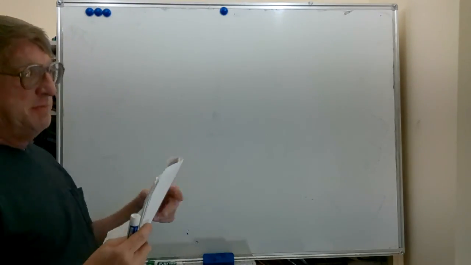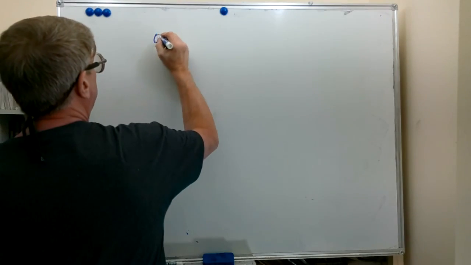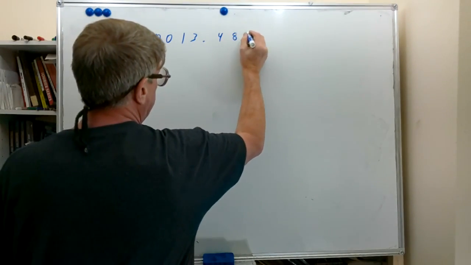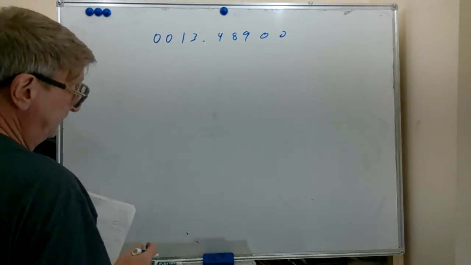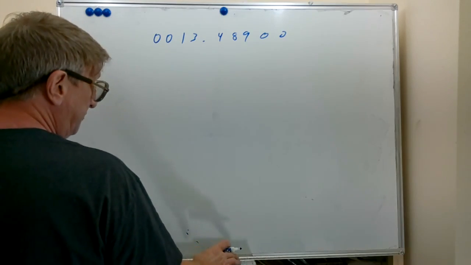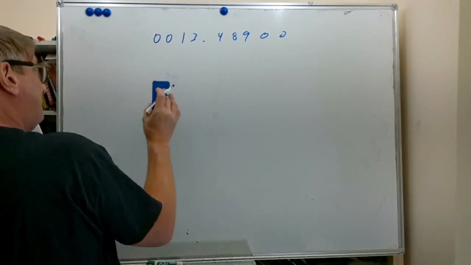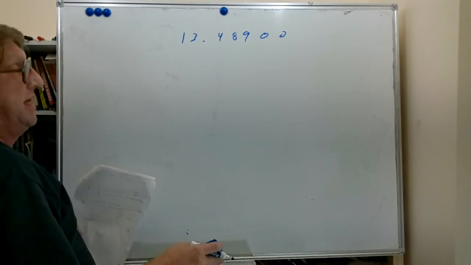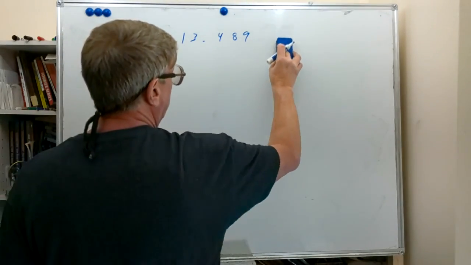First, let's talk for a minute about counting zeros. Here's a number, 0013.48900. When it comes to the value of the number, these leading zeros to the left of the decimal place do not change the value of it. The trailing zeros to the right of the decimal place do not change the value.